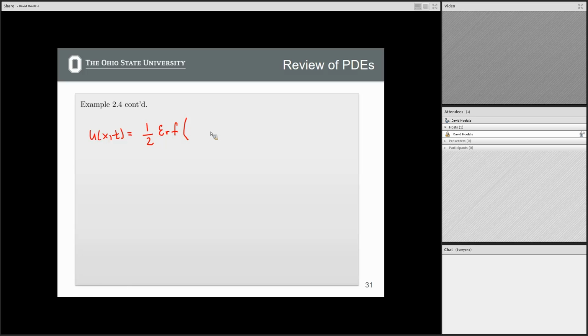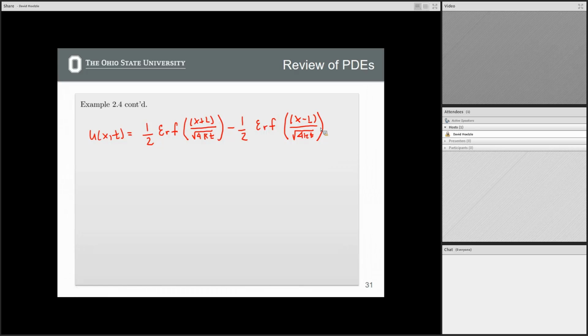My upper limit of integration was x plus L over the square root of 4kt, minus 1/2 error function. My upper limit of integration for the second term is here. All right, and that's my solution.